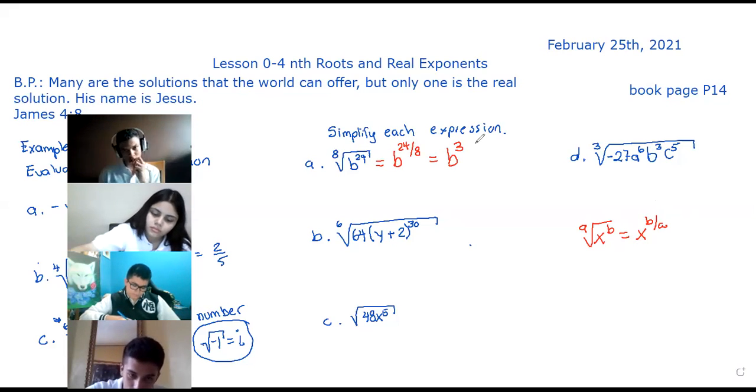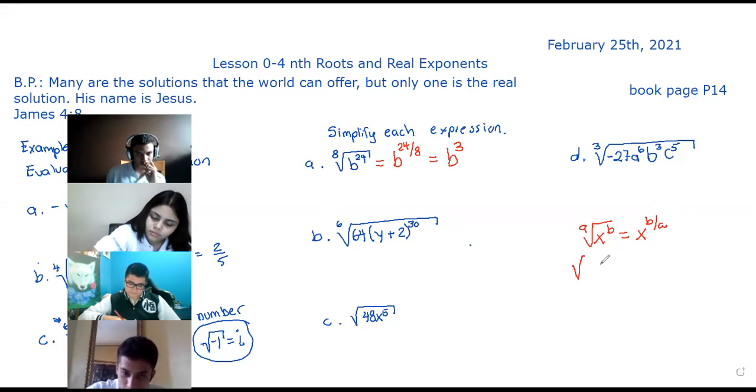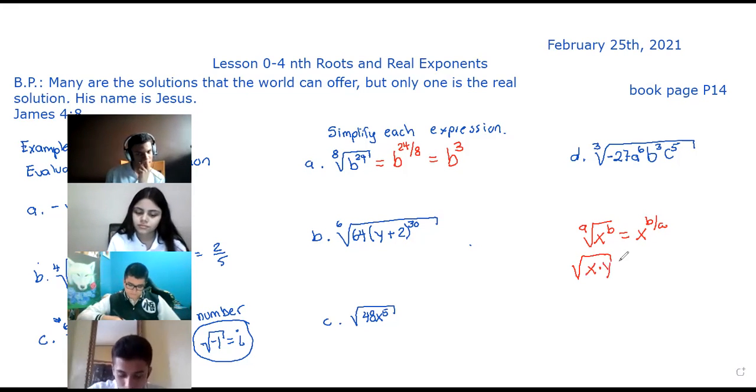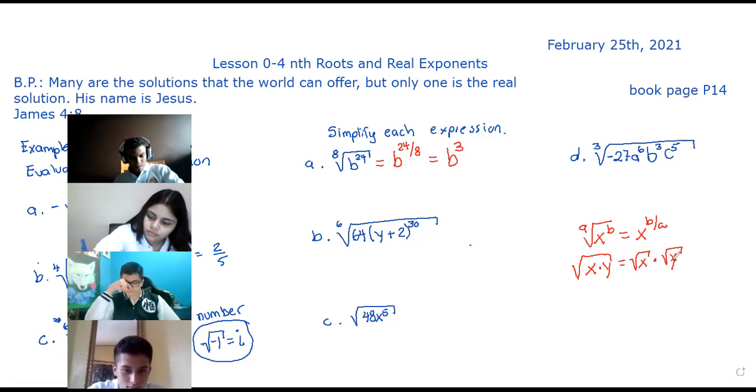Now, letter B, remember that there is a property for multiplying radicals that tells you that if you have the product of 2 radicands, you can write each radicand under a single radical. If you have x times y, you can write it as the square root of x times the square root of y.